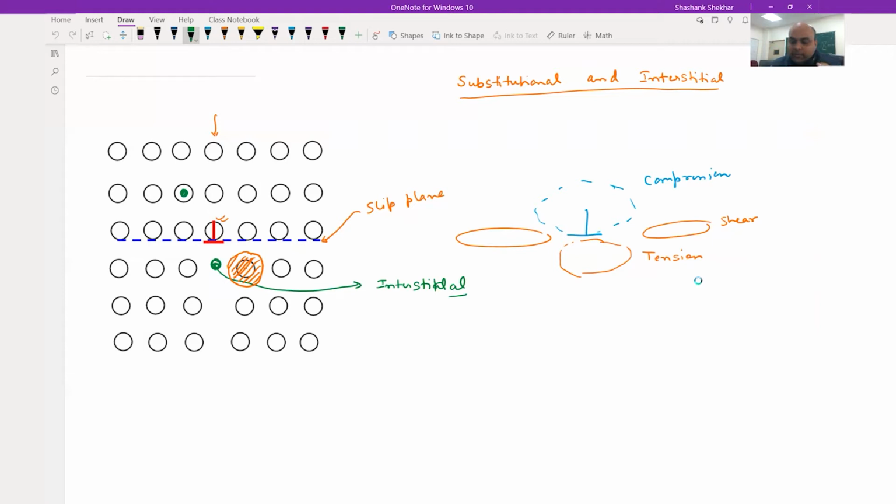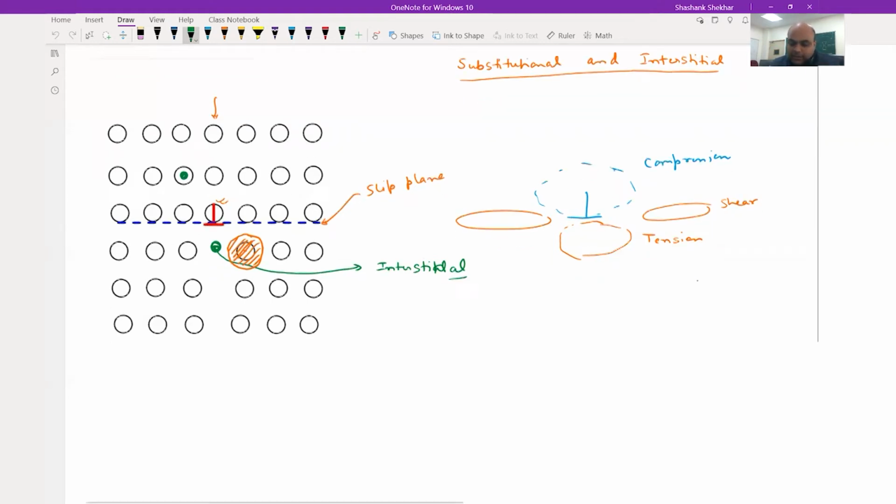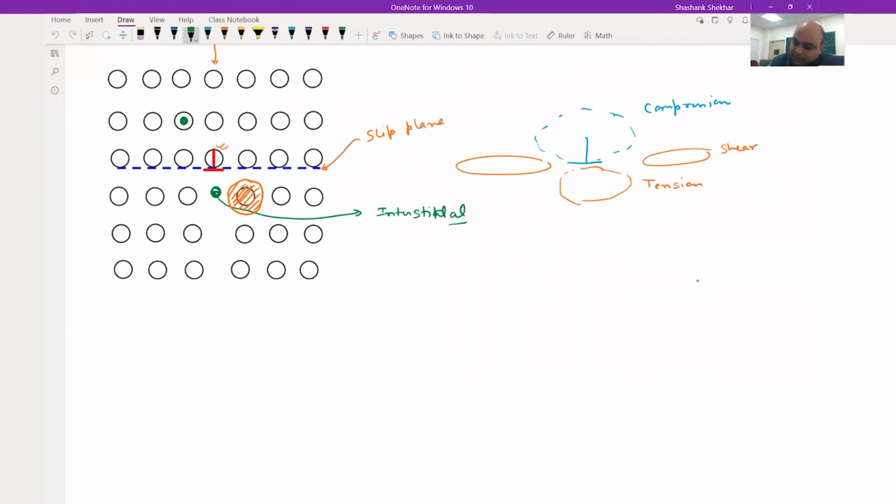Overall, they are trying to do two things. The first one is that they are trying to reduce the overall strain in the lattice. So I can write: impurity atoms are attracted. And why are they attracted?